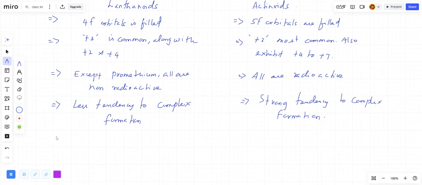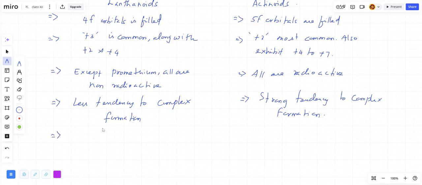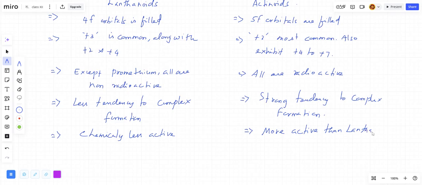The final point, on which you may get questions: lanthanoids are chemically less active than actinoids; actinoids are more active than lanthanoids. So these are the differences between lanthanoids and actinoids.